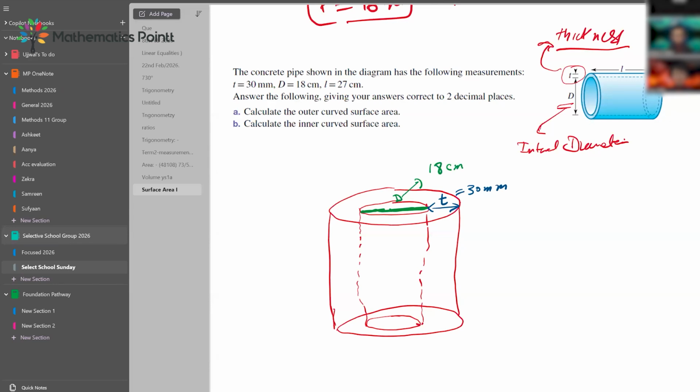I need to find the outer curved surface, and I need to find the inner surface. Go for it. Try this.